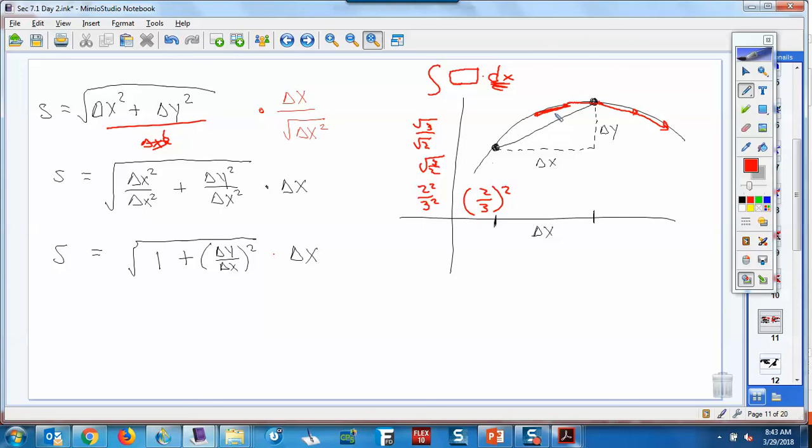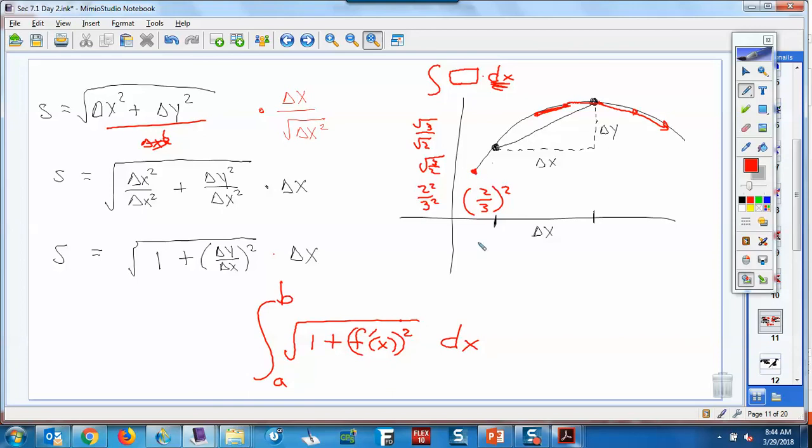We're going to an infinite number. So all we need now is the integral to add them up, and so we get the integral of the square root of 1 plus, now this would be y prime, but I'll call it f of x, so f prime squared, dx.